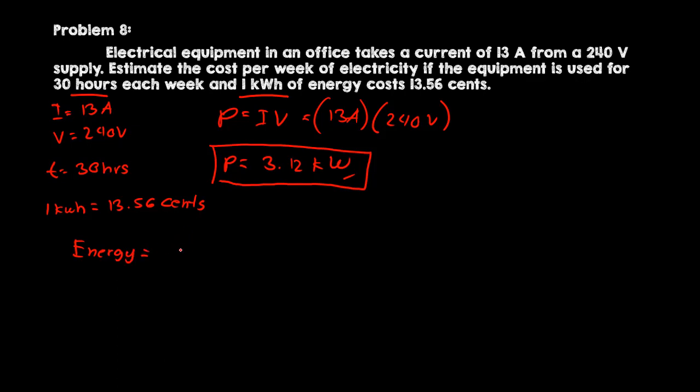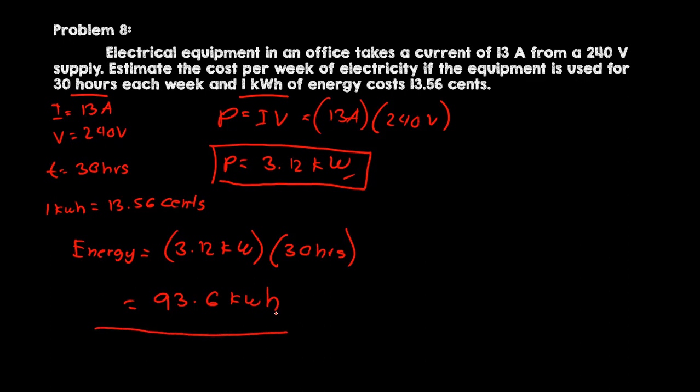Energy is equals to power, 3.12 kilowatt, times 30 hours. And our energy is equals to 93.6 kilowatt hour. This is the energy used. 93.6 kilowatt hour.